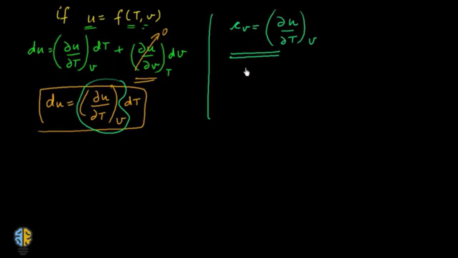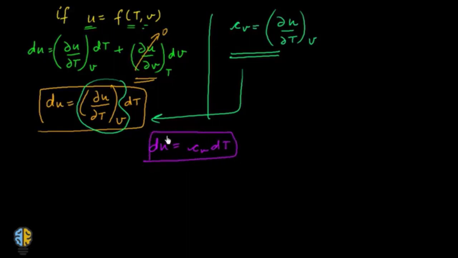So when you substitute this value over here, we get dU as Cv into dT. Now this equation holds good for an ideal gas for any process, whereas for any other substance which is not an ideal gas, this equation is true only for a constant volume process. So this is something you should always know about.